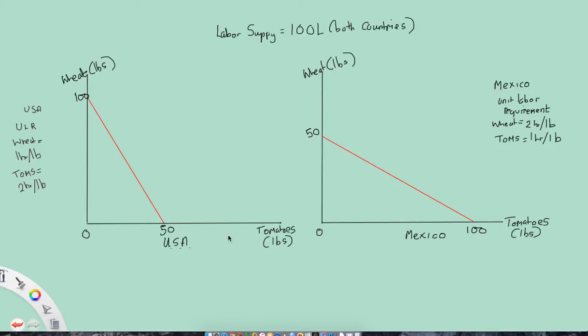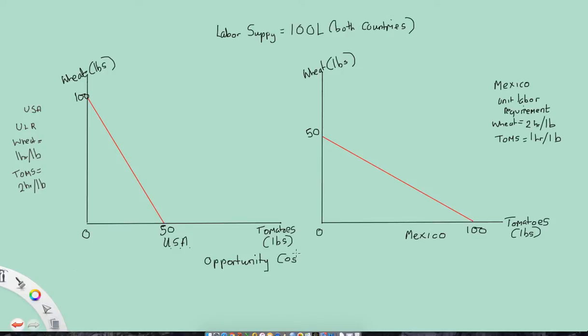So let's start out in the US, and the first thing we want to try and figure out is who should be the exporter of wheat and who should export tomatoes. So let's think about opportunity cost, which is defined as the value of the foregone alternative. And foregone is just a fancy word meaning the thing that you didn't do because you were doing something else.